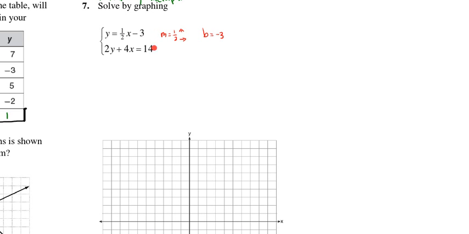In order to graph the second one, you need to solve for y. So take down the equation here, solve for y. That will need subtracting 4x on both sides.